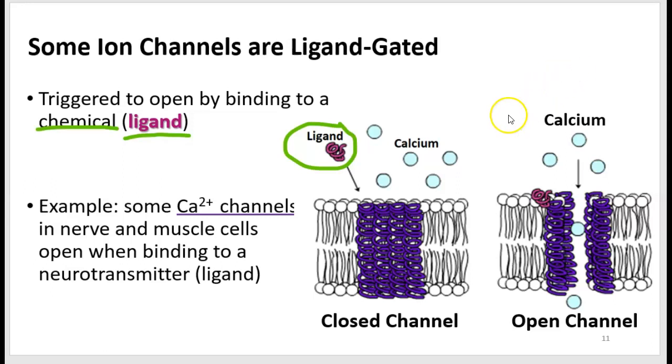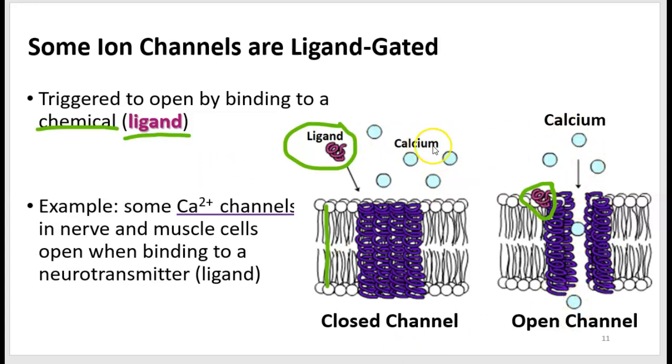And what occurs is, this is our membrane. This purple thing is the transporter that's closed, or the channel that's closed. The only way the channel will open is if the ligand physically binds to it, and now it opens, and now a substance can move through.